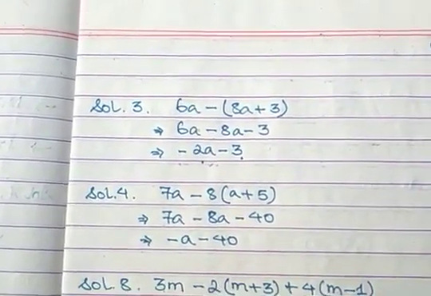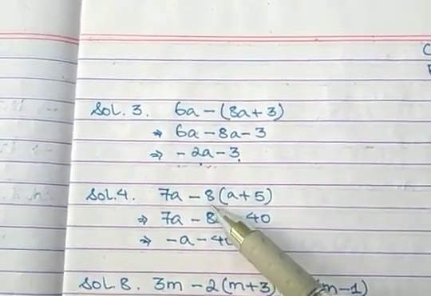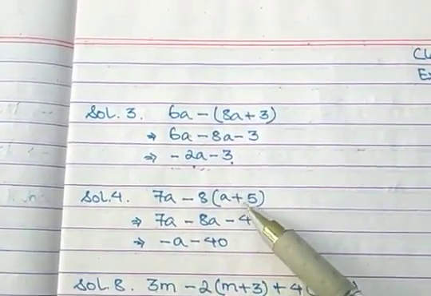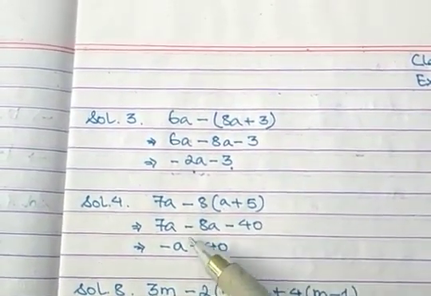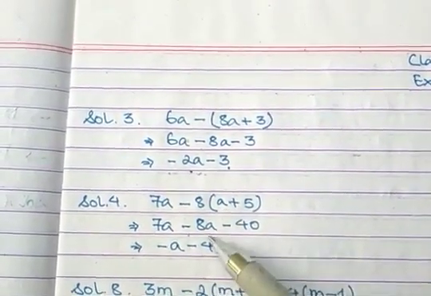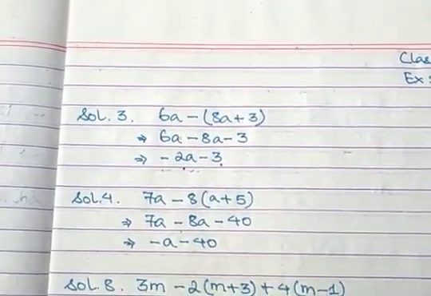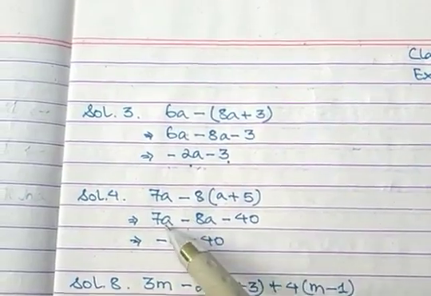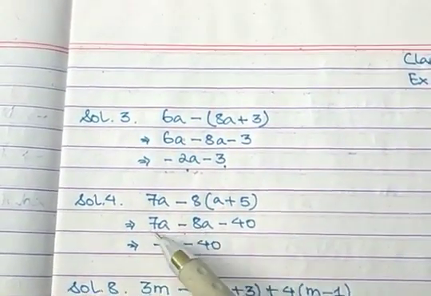So again, BODMAS, as I've already said, you need to follow the BODMAS rule. So the negative 8 now has to multiply both the terms inside the bracket. So see, minus into plus, it's minus 8 into a, 8a. Minus into plus, again it's minus, 8 5 times is 40. After that, what do I get? Again, the first two terms are like terms with opposite signs.